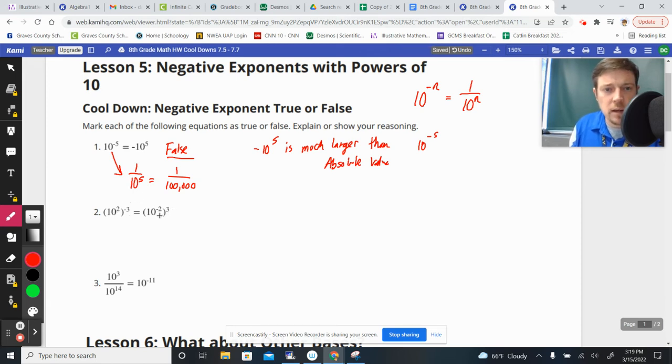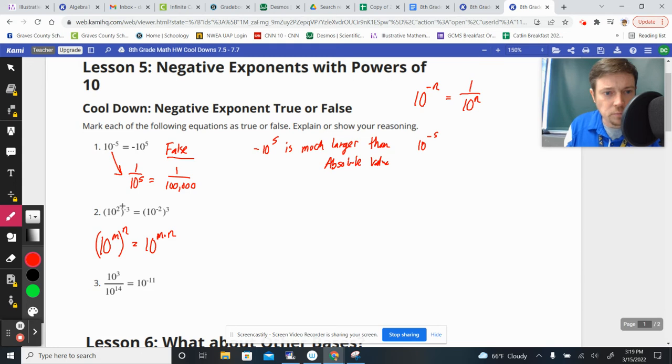All right, the second one here is showing that these two things are the same. Well, this kind of goes back to a rule that we wrote earlier in the week of last week, where if I have a 10 to the power of, say, m, and I take that to another power, what I can do is I can just multiply m times n. Well, if that's the case, then in this situation, we would do 2 times negative 3, and this would give us negative 6, right?